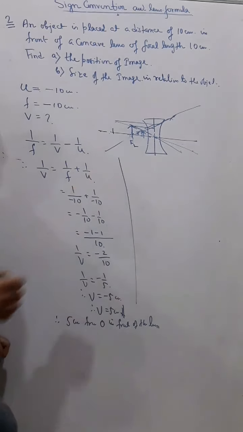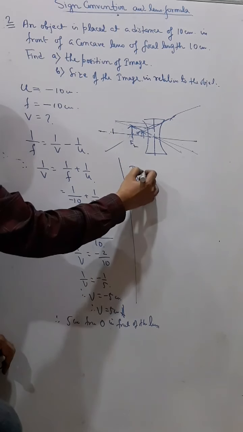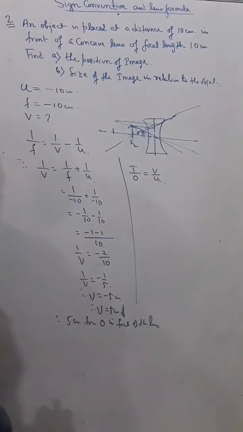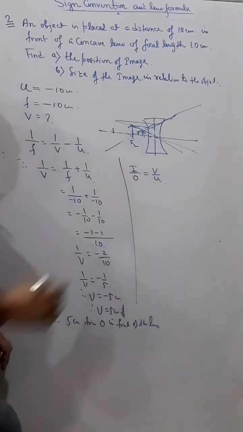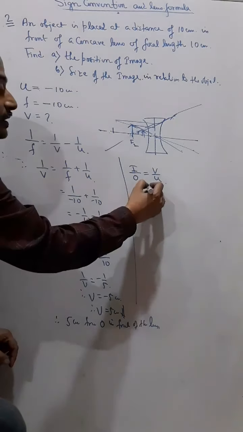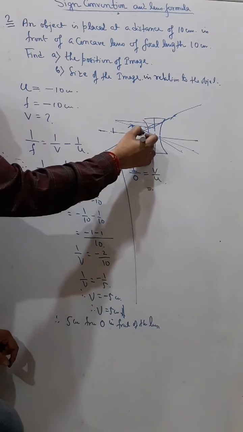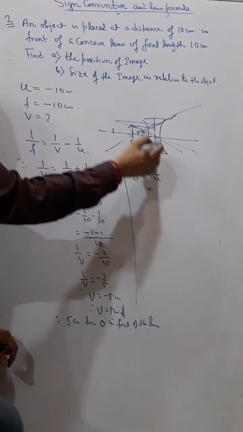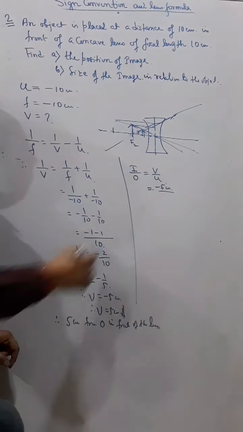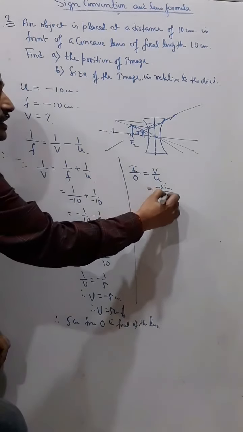Now for the size of the image in relation to the object, again we can say I by O is equal to V by U. Now we know V and U; V is 5. You can see this is V, so V is negative, from O to this side, so I will put minus 5, and U is also negative, U is 10, so I will put minus 10.